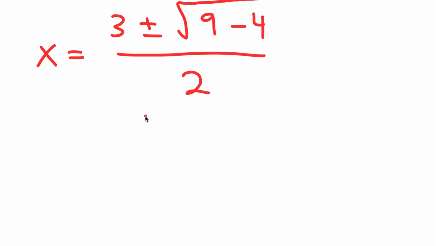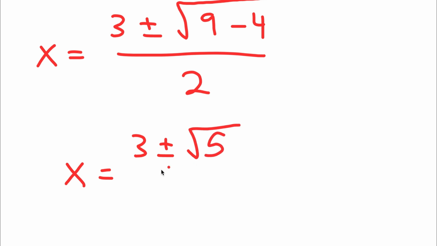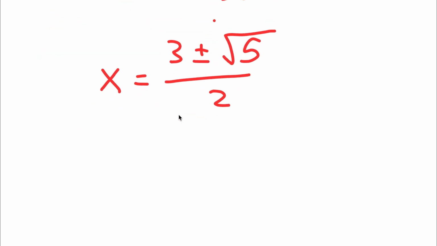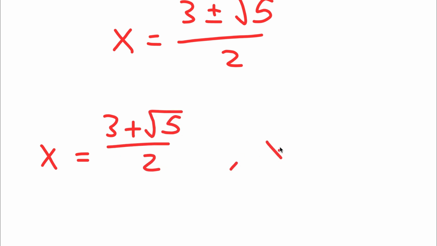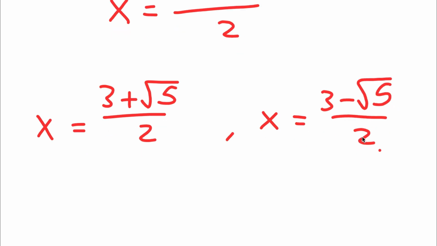So now I have x is equal to 3 plus or minus the square root of 5 over 2. So what we have here is x is equal to 3 plus the square root of 5 over 2, and x is equal to 3 minus the square root of 5 over 2.